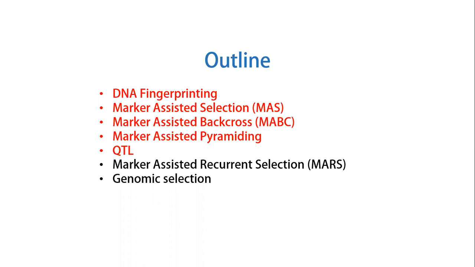Basically, the selection of a crop is very much essential to improve its quality and quantity. In case of QTL and marker assisted backcross, we have noticed that we generally select the dominant trait over the recessive trait, and the dominant trait containing plant can be considered as the male, whereas the recessive plant is considered as female.